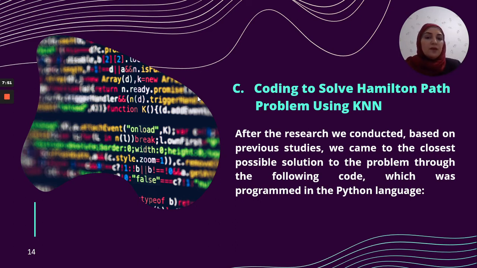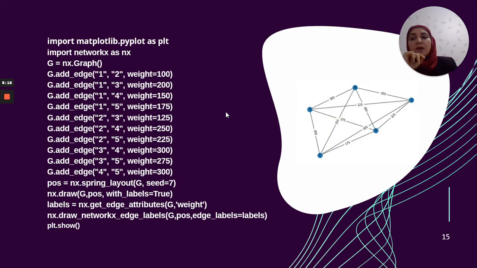Here, we will talk about coding to solve the Hamiltonian path problem by using KNN. After the research we conducted based on previous studies, we came to the closest possible solution to the problem through the following code, which was programmed in the Python language. Here is a part of our code, programmed in Python.